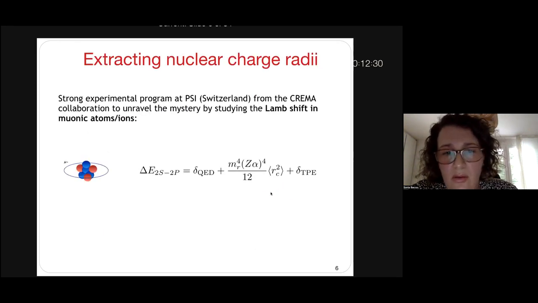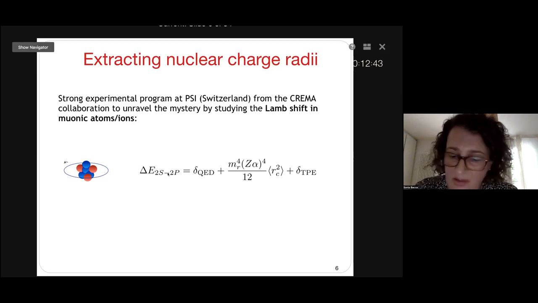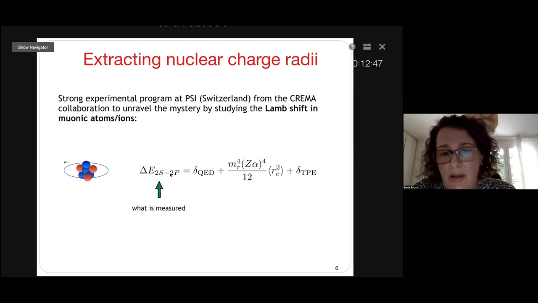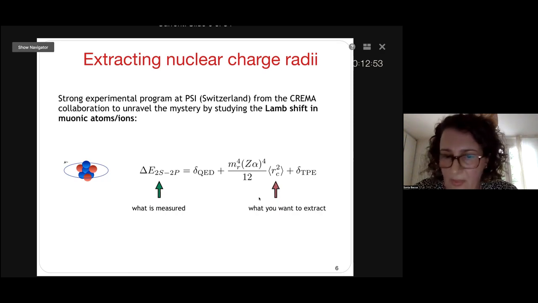What is exciting about these systems is that you can extract the nuclear charge radii. What is measured with these lasers is this difference between 2s and 2p, the Lamb shift, and that is related to the radius via this formula. So that's the charge radius, which is what you want to extract.